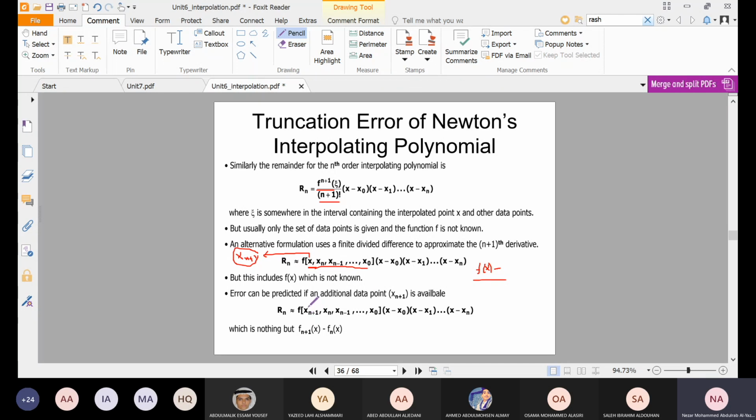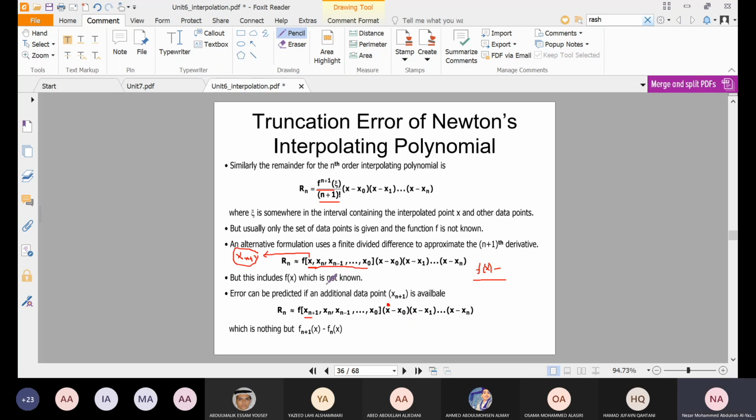So I know the value of x n plus 1 and the value of the function at the point x n plus 1. In this case, this divided difference is now known, so I can compute this value. The others are also known, except this one, the unknown, so after that it is easy to find it.